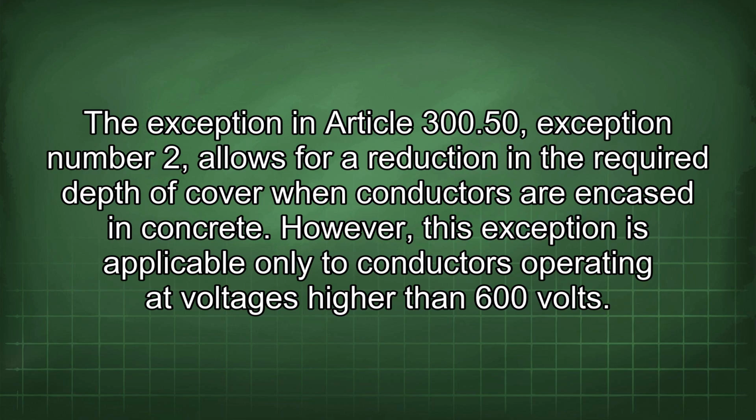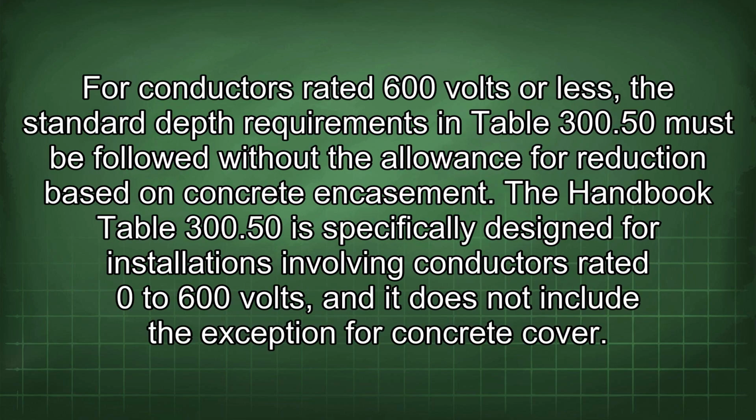However, this exception is applicable only to conductors operating at voltages higher than 600 volts. For conductors rated 600 volts or less, the standard depth requirements in Table 300.50 must be followed without the allowance for reduction based on concrete encasement.